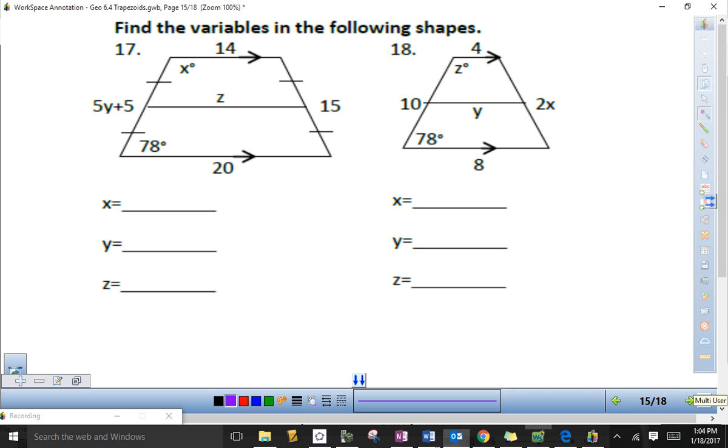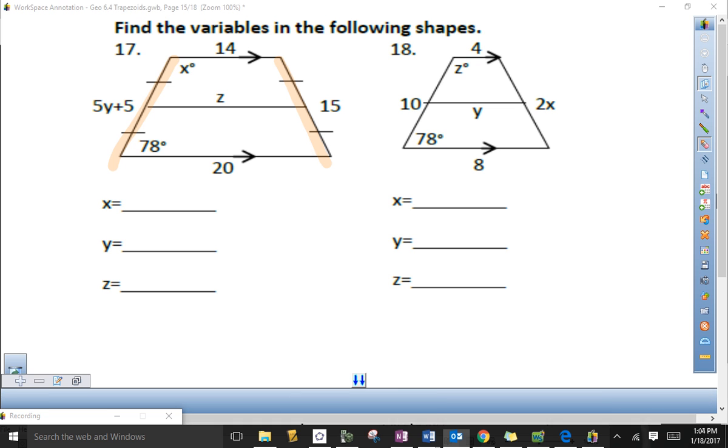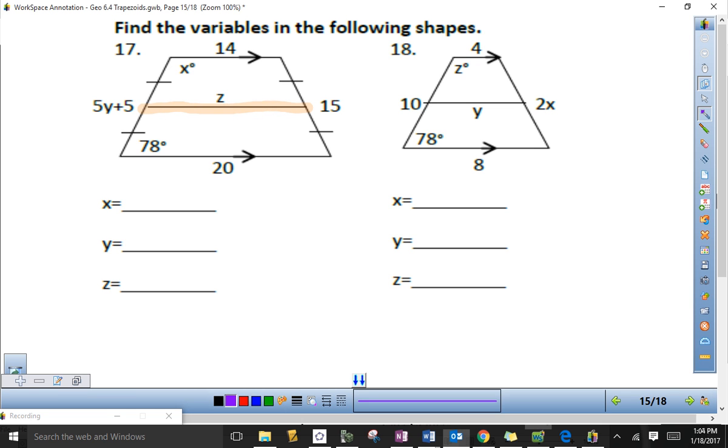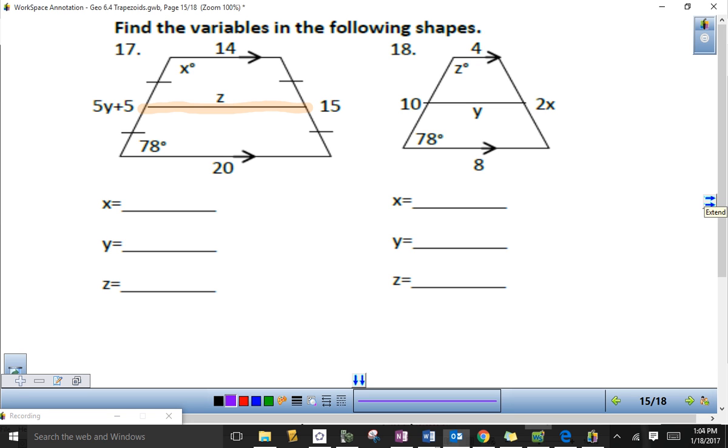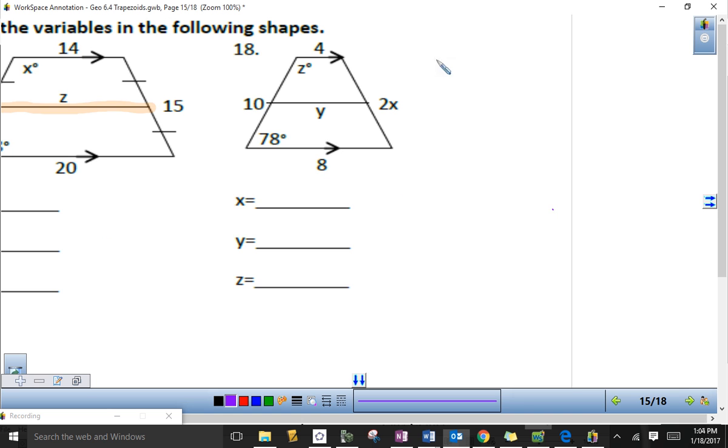Alright, on the back side we've got a trapezoid here, and specifically if you look at it, that entire length is the same as that one. This is an isosceles trapezoid. Okay? If you notice also, there's this length in the middle that we haven't talked about. Okay, this is called the mid-segment or the mid-length. You have a little bit of space above these problems, so go ahead and write the mid-segment, or mid-length.